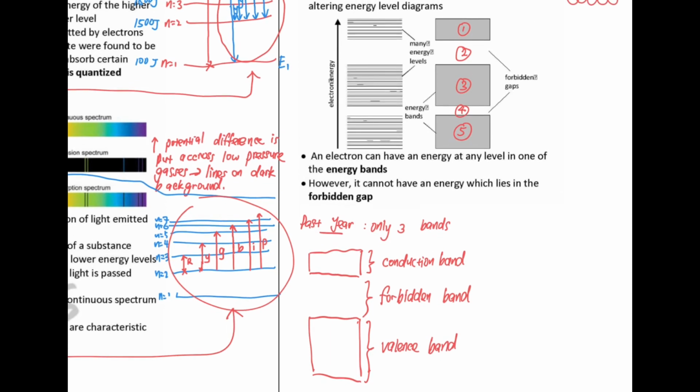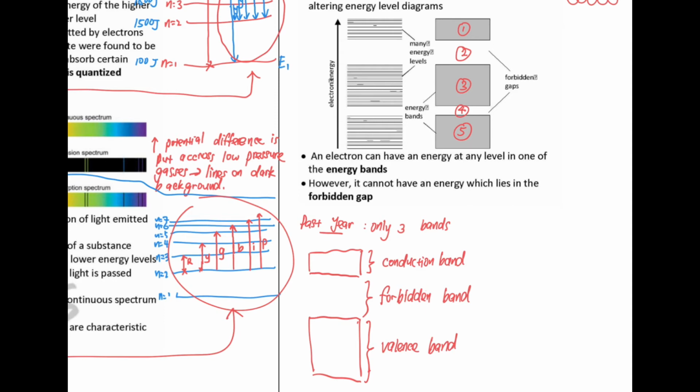In my notes I use forbidden gap, but forbidden gap and forbidden band are the same thing. So in past years they combine this whole band and call it the valence band. Valence band, forbidden band, and then this is the conduction band. So only 3 bands.